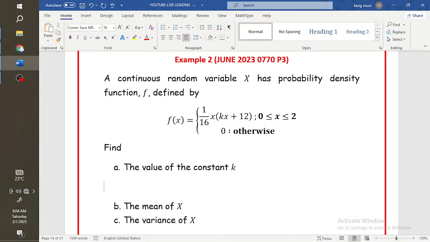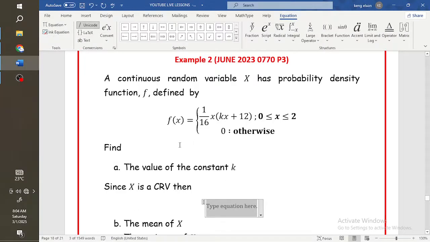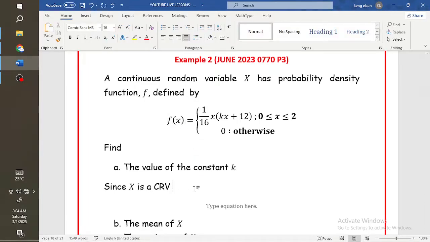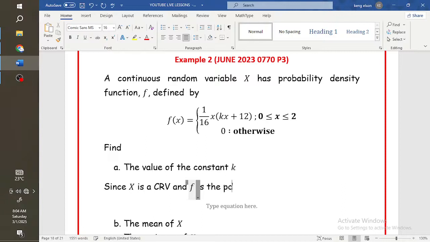So we have to use the fact that since x is a continuous random variable, the integral of the probability density function of the continuous random variable must be equal to 1. That's the definition. So since x is a continuous random variable and f is the probability density function, then what do we have?